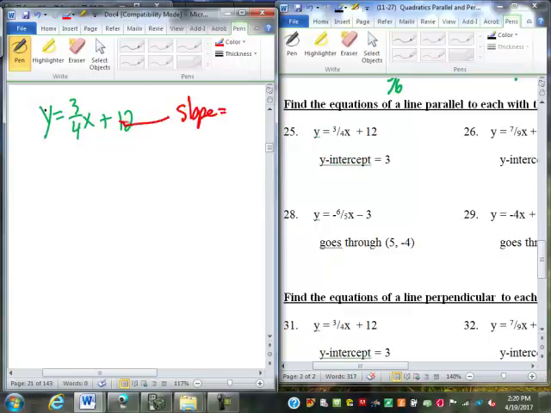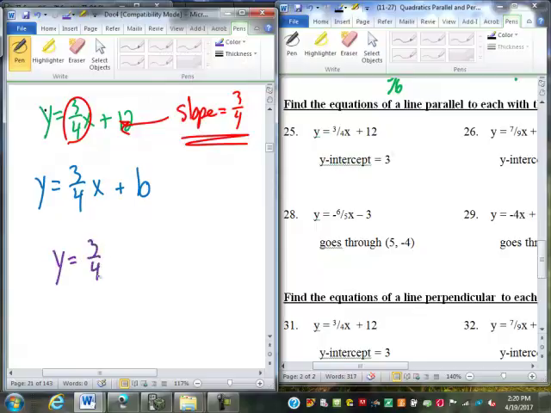What is the slope of that line? 3/4. So a line that is parallel to it will also have a slope of 3/4. So we start out this equation as y equals 3/4 x plus whatever that y-intercept is. Now, to figure out the y-intercept here, we're actually just given that the y-intercept is 3. So y equals 3/4 x plus 3 is what that comes out to be.